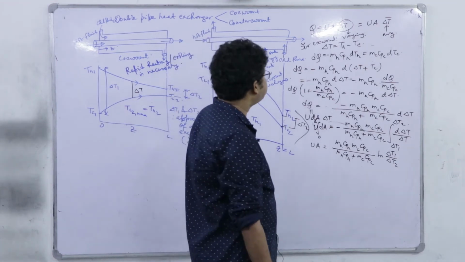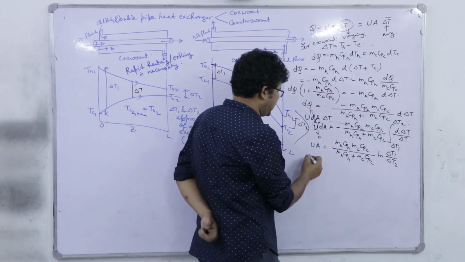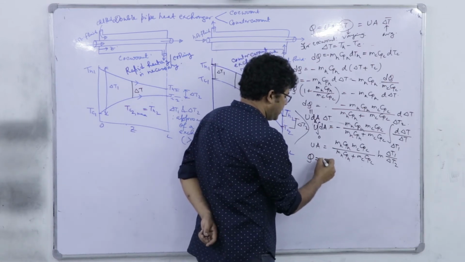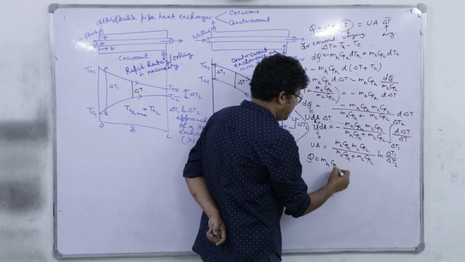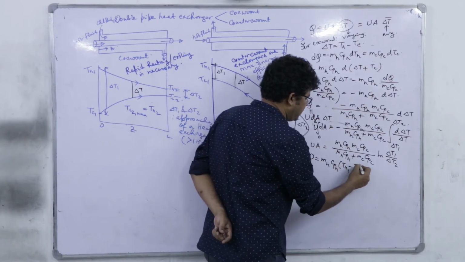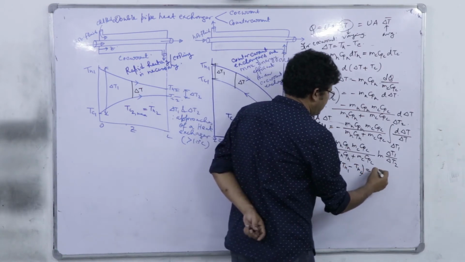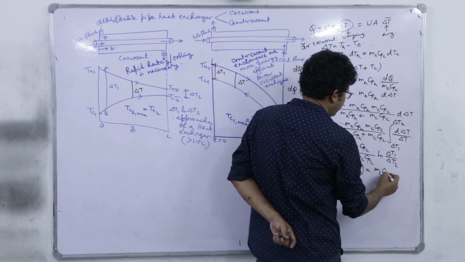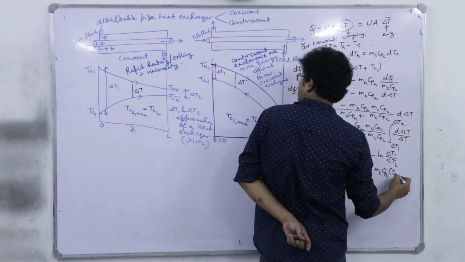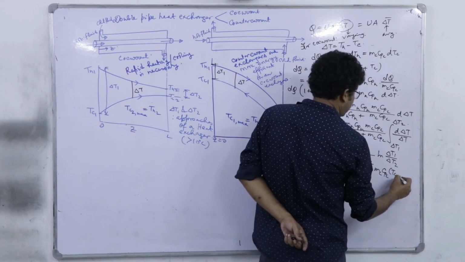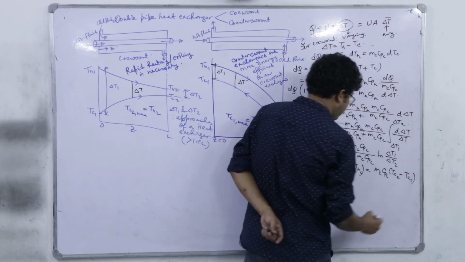Now again, if I write the integrated form of q, so we get mhCph into th1 minus th2, which is equal to mcCpc into tc2 minus tc1, right?